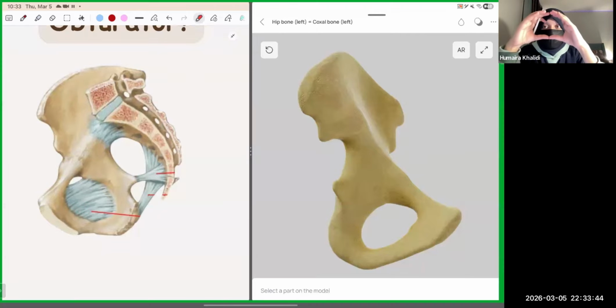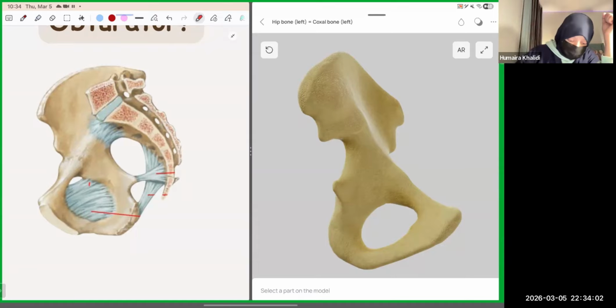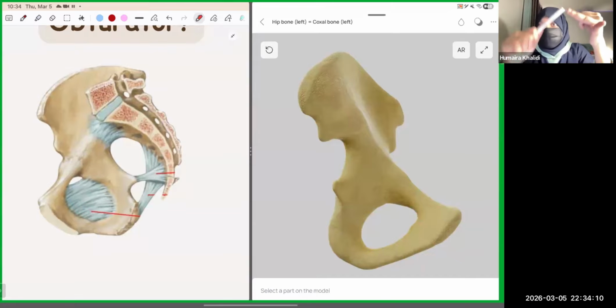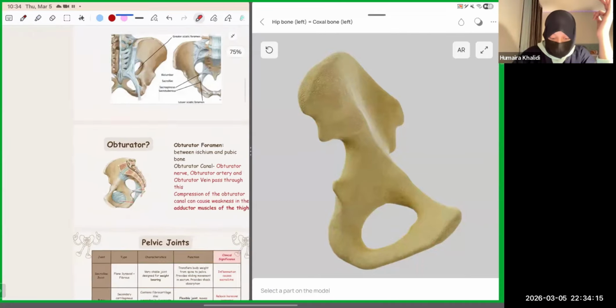This bigger circle is the obturator foramen. The obturator membrane is inside the obturator foramen, and it causes the formation of a small hole, this one. This hole is the obturator canal. So do not get confused between the obturator foramen and the obturator canal. The entire big circle is the obturator foramen. This is the obturator canal. What passes through the obturator canal? The obturator artery, vein, and nerve. Clear? I hope it is.